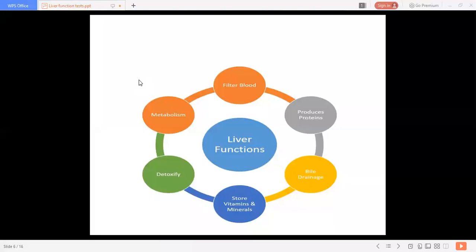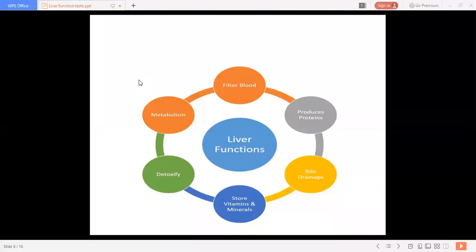The first is gamma globulin. This gamma globulin is associated with the immune system. Beta globulins are helpful for transportation of various hormones in the blood.